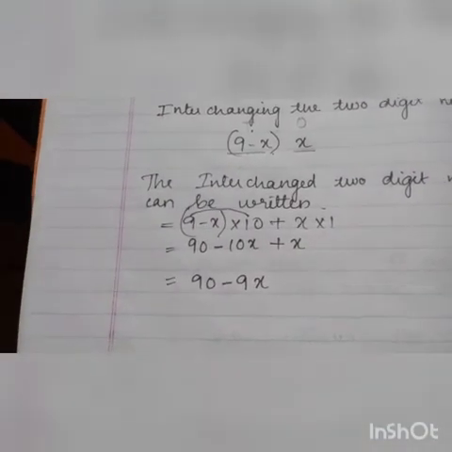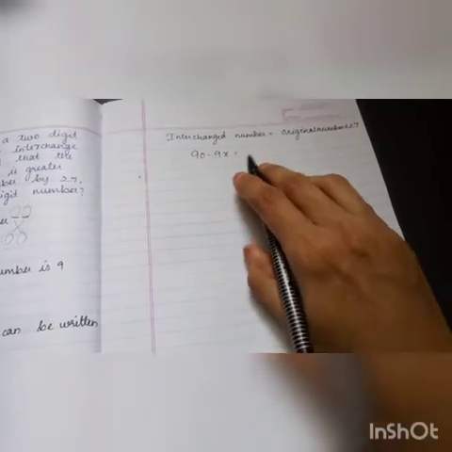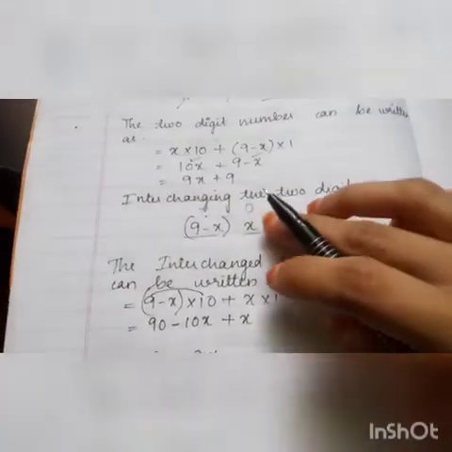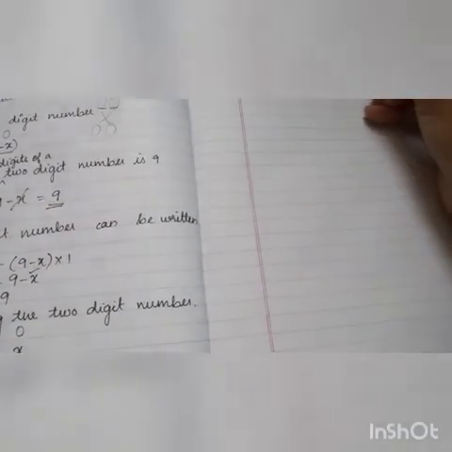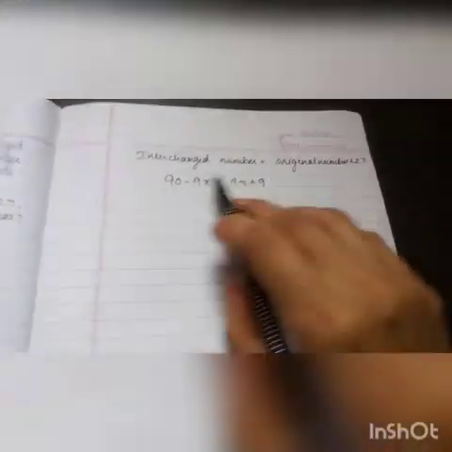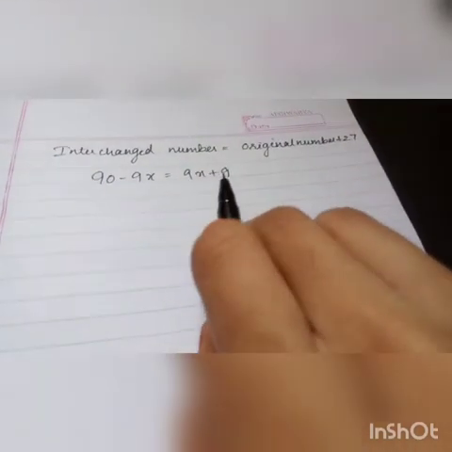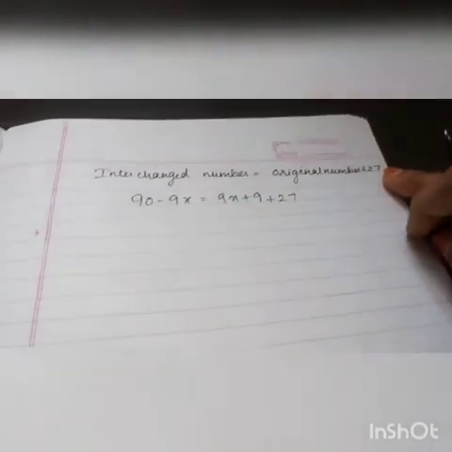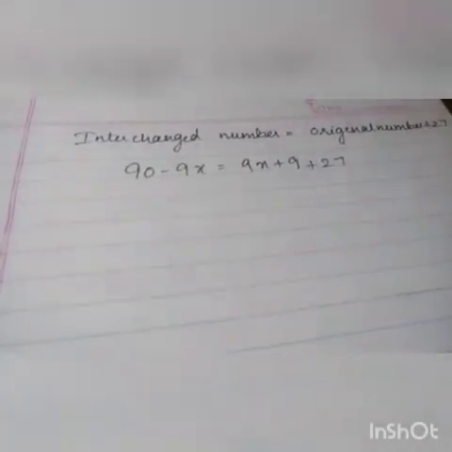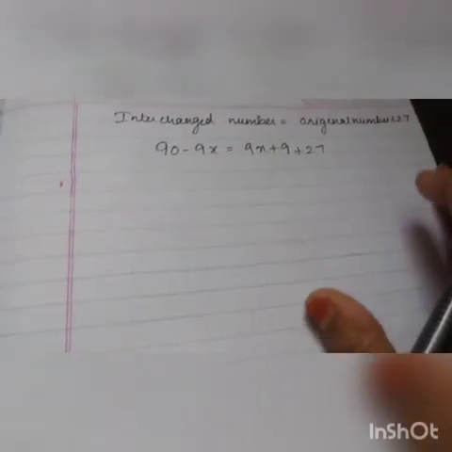So 90 minus 9x is our interchanged number, equal to the original number, 9x plus 9, plus 27. It is already written here. Now it is an equation, right? Yes. Now shall we solve this equation? Yes.